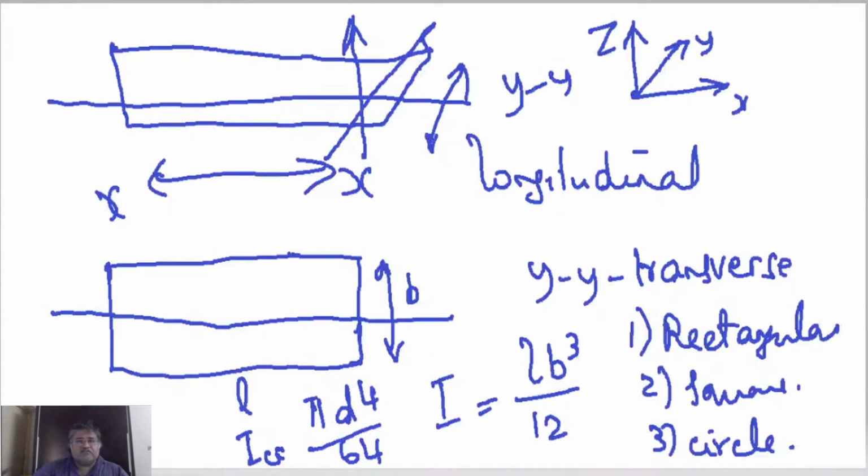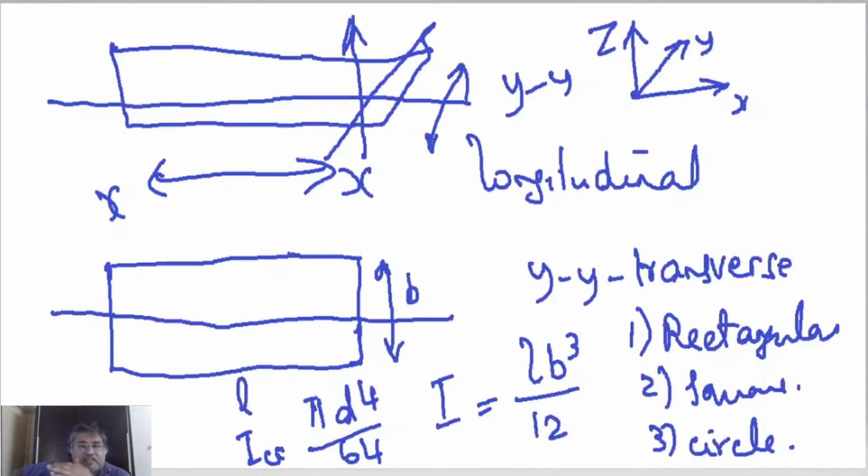If you have a ship like this, this is XX, this is YY, and this is ZZ. Of these, this is the longitudinal axis, this is the transverse axis, and this is the vertical axis. Vertical axis, of course, there is no big problem. That is the Z axis. The Y is the transverse axis.